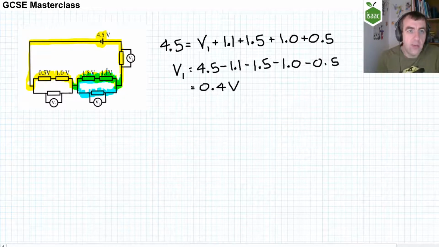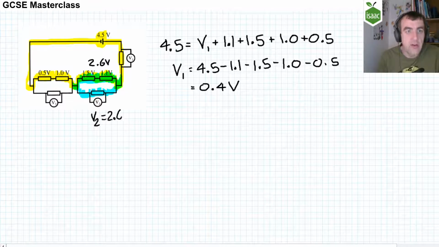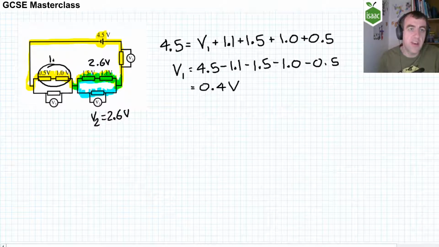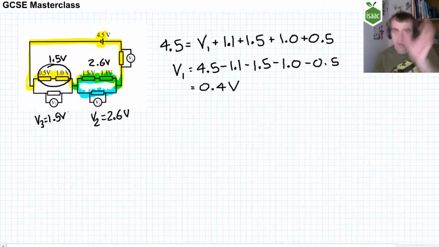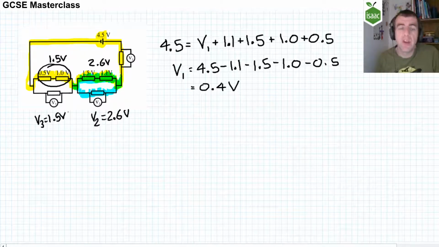If it goes the top way, we drop off 1.5 plus 1.1. That's 2.6 volts. So how much do we drop off if we go the bottom way? The same, 2.6 volts. We could do the same thing on the second one. These two resistors added together produce a potential difference of 1.5 volts, and so V3 is also 1.5 volts. The components are in parallel, so the potential difference dropped across them is the same.